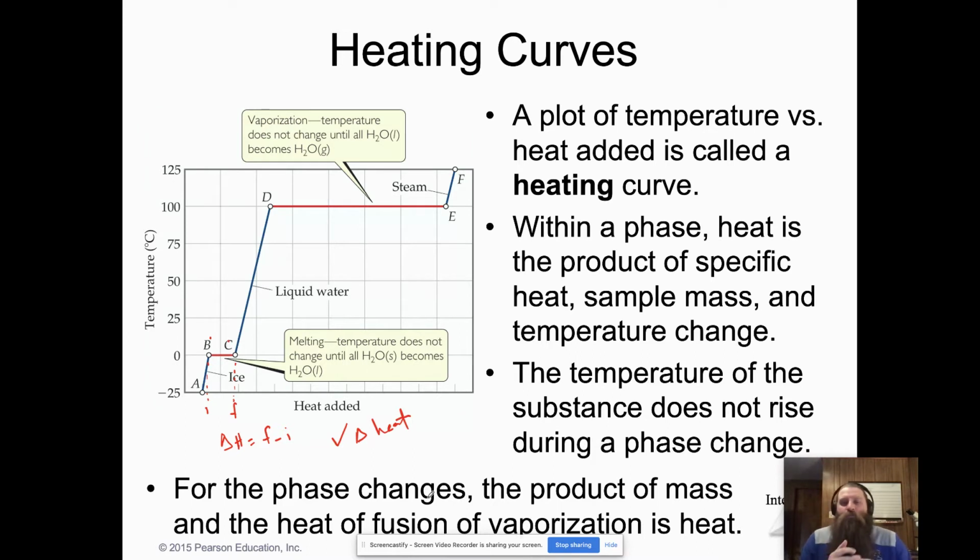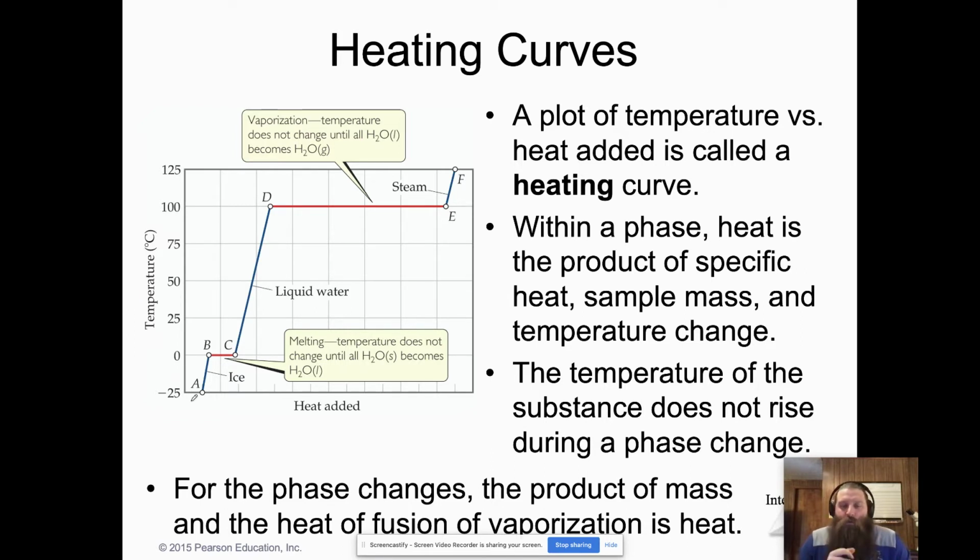Okay, so remember last year when we looked at Q equals MC delta T. If you go back and look in your notes, we talked a little bit about this last year. The heat, Q, this is the Q, all right? So when we're looking at heat added, all right, just like we did in thermochemistry and thermodynamics, heat is going to be Q. Temperature, or a change in temperature, is going to be T, or obviously delta T, all right?